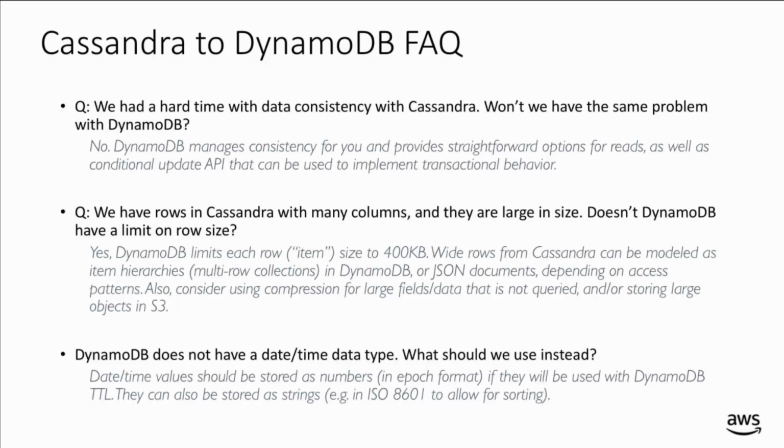This is basically how we map those to DynamoDB, or as JSON documents. And then, as we saw in that example earlier, that will depend on access patterns. And for data types, use numbers or strings.